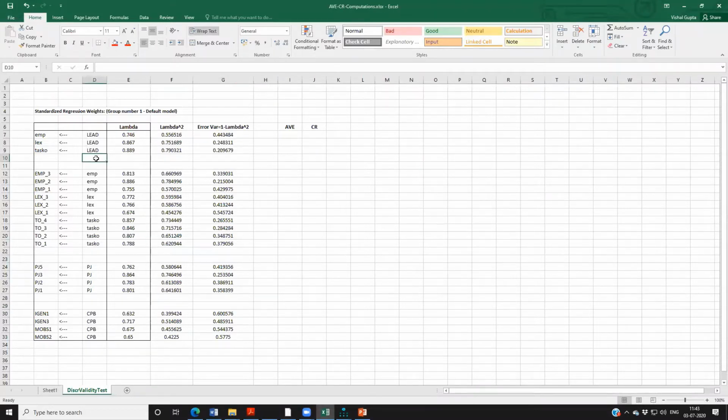And we will also do the sum and sum square. Right? So what is the sum of the lambda? This is the sum of the lambda.